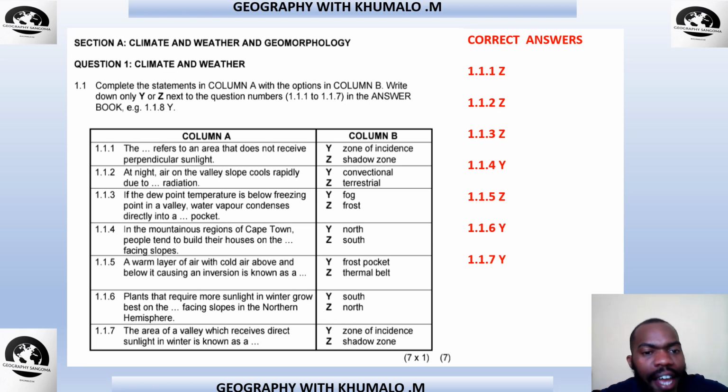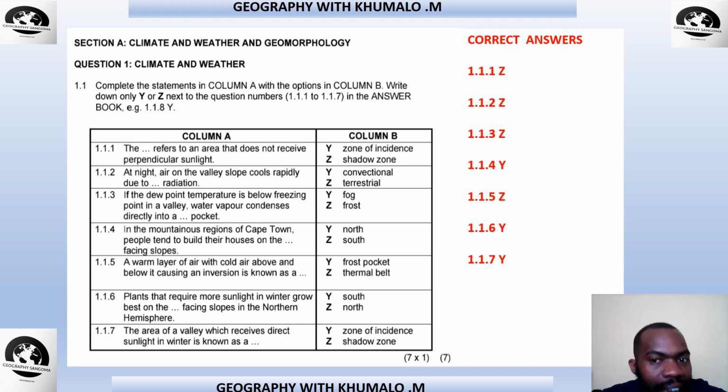The blank refers to an area that does not receive perpendicular sunlight. The correct answer there will be Z, and in Z, what do we have there? The shadow zone. 1.1.2, at night, air in the valley cools rapidly due to radiation. Y is convectional, Z says terrestrial.